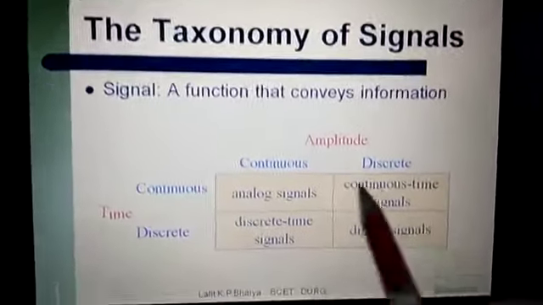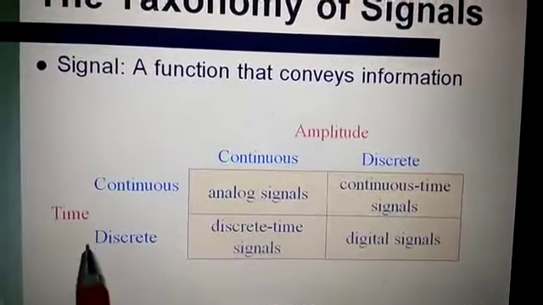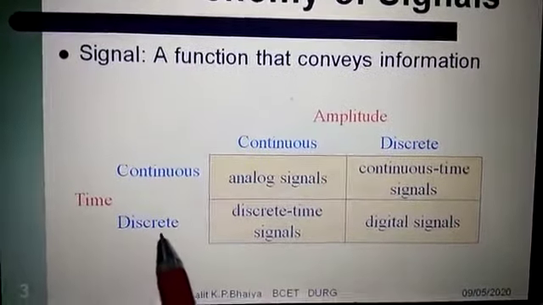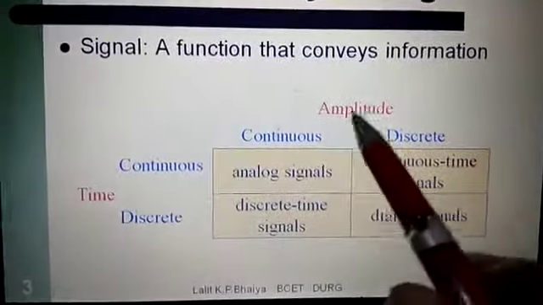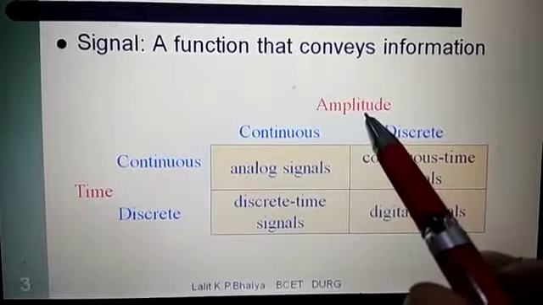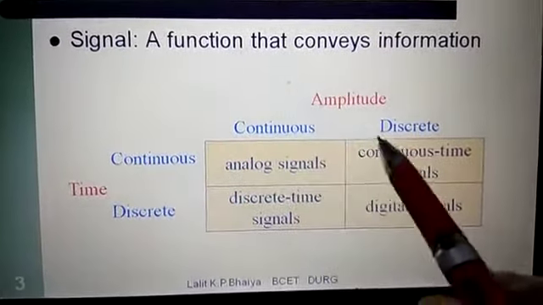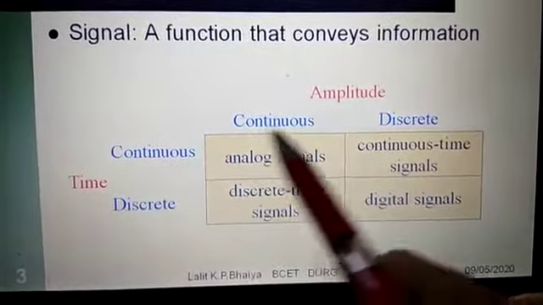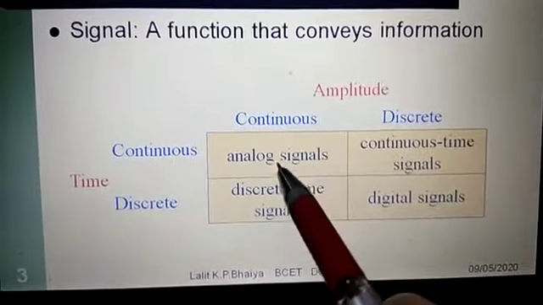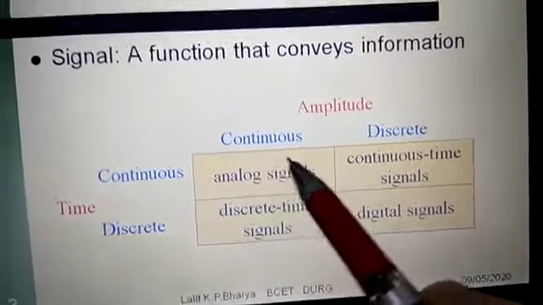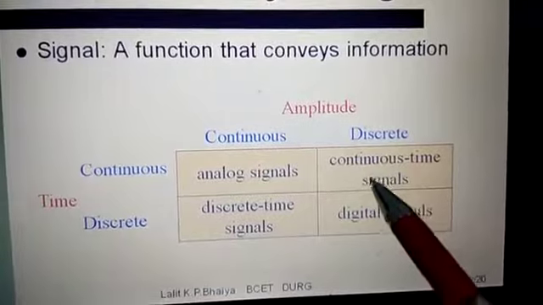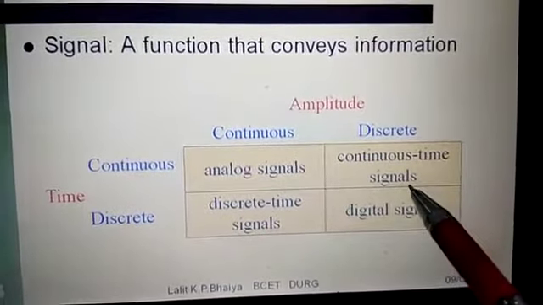Here you can see, in time domain, continuous and discrete time are there, where amplitude may also be continuous or discrete. Time is continuous and amplitude is continuous: called an analog signal. Time is continuous and amplitude is discrete: called a continuous time signal.